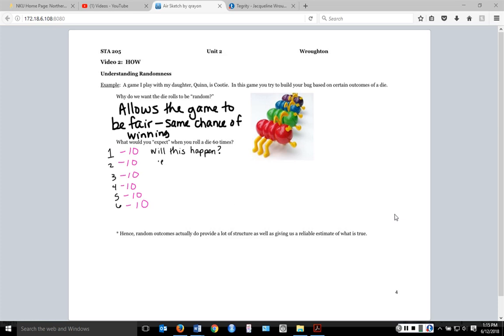So even if it's fair, I'm not necessarily going to expect this to happen. I do not know if that's going to happen or not. I could get something different each time.